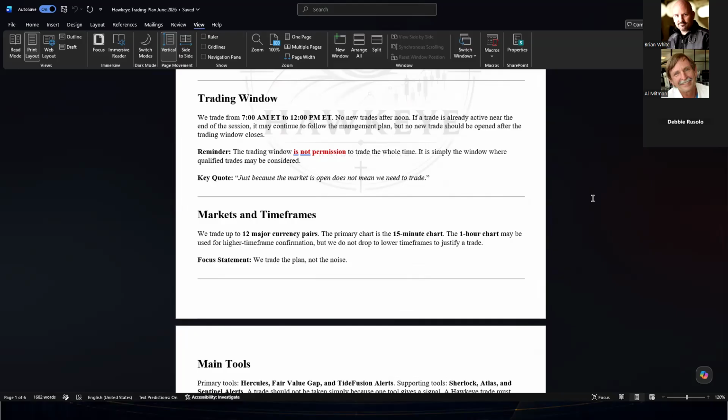And if a trade is already active near the end of the session, you have some choices to make. You can continue to manage it, close it out, whatever you choose to do. But no new trade will be opened after that trading window. And we may switch that down to even lower than 12, because we're finding 12 is late in the session for new trades. Remember, the trading window is not permission to trade the whole entire time.